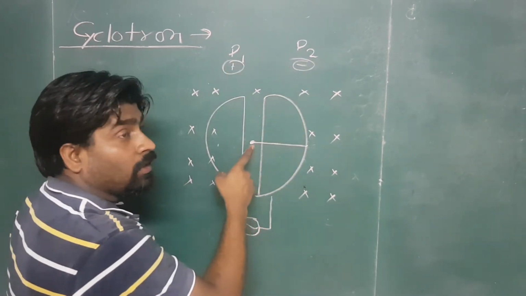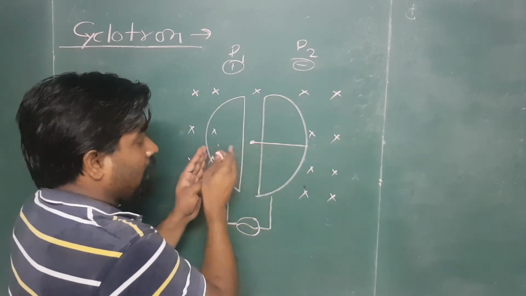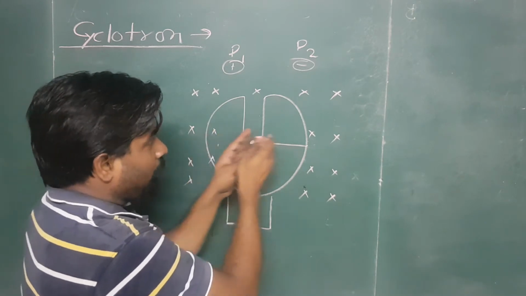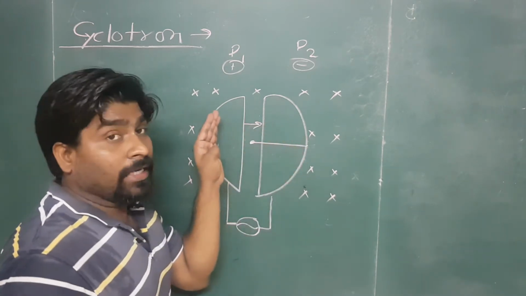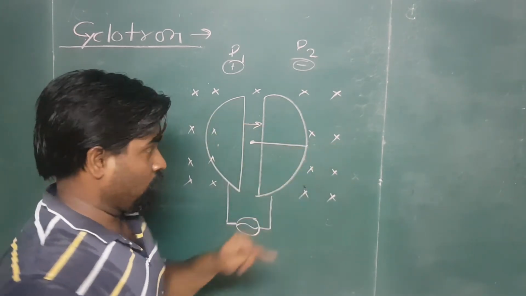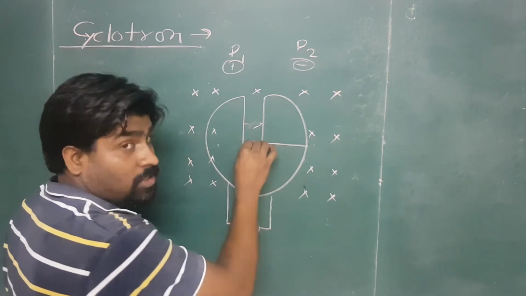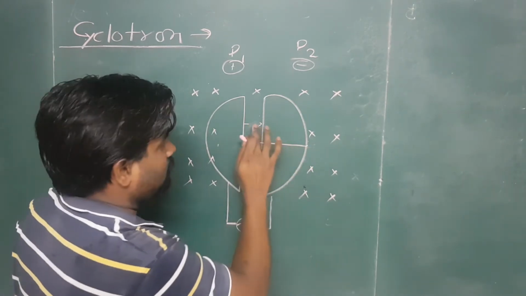If the charged particle is here, let's suppose we are using a positive charged particle. So the electric field will work from positive to negative, and the direction of electric force will also be from D1 to D2. So this is the direction of electric force. This charged particle which is here will accelerate towards D2 inside the Ds.